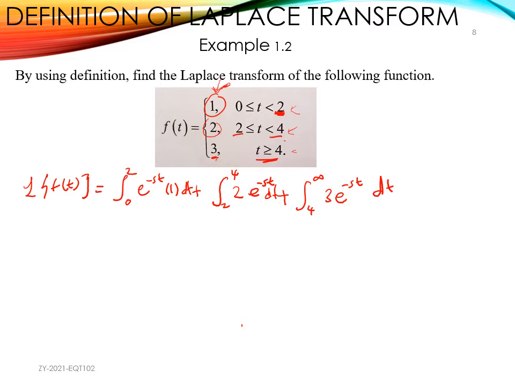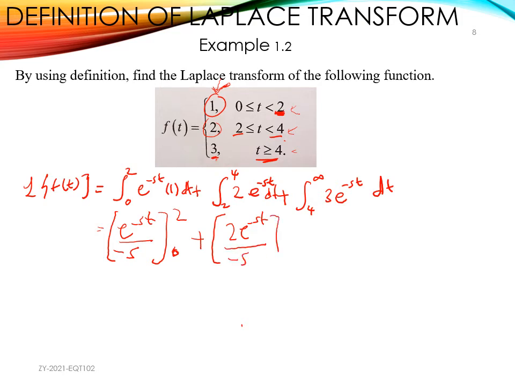The first integral will be exponent negative st divided by negative s from 0 to 2, plus 2 exponent negative st divided by negative s from 2 to 4, plus 3 exponent negative st divided by negative s, but the limit is from 4 to infinity. So be careful. So now we can solve it.